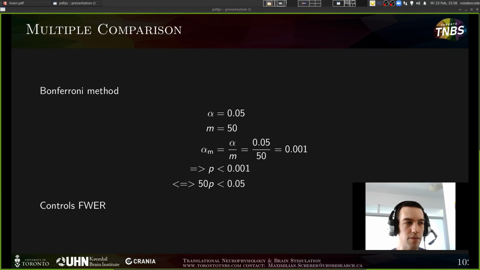And one method of doing that is the Bonferroni method. The Bonferroni method looks at how many hypotheses you have in your scope. It takes the alpha level and divides it by the number of hypotheses.